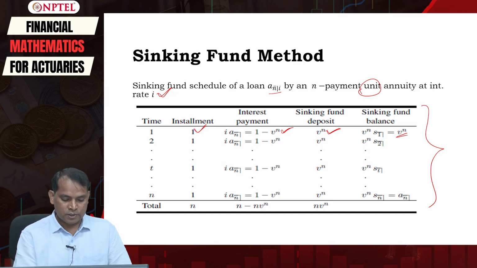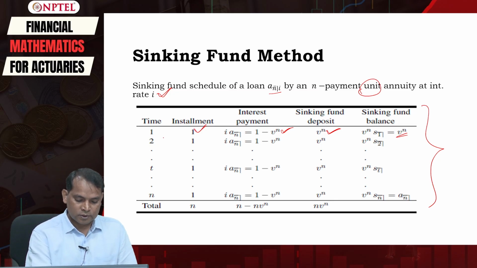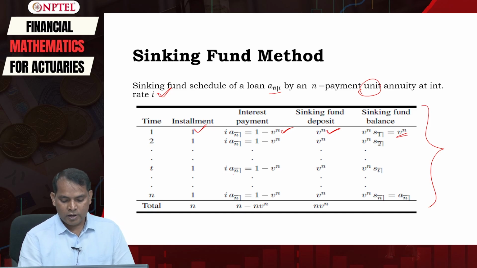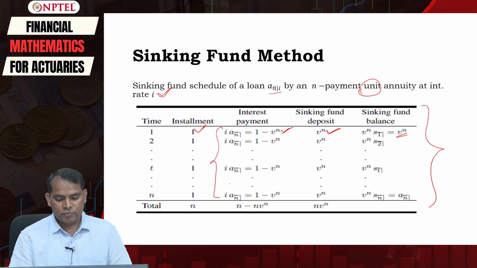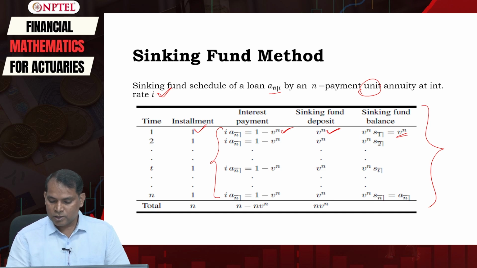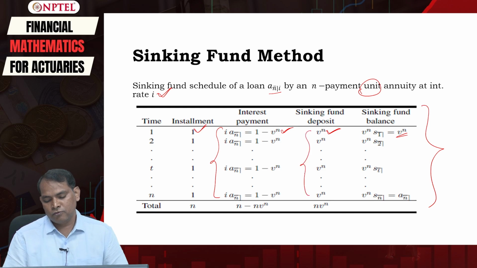Same you will go on till T period of time, then we will have I times A, that is this one. Notice here that this interest payment is fixed for all the periods, the same as the sinking fund deposit, also fixed for all the periods.